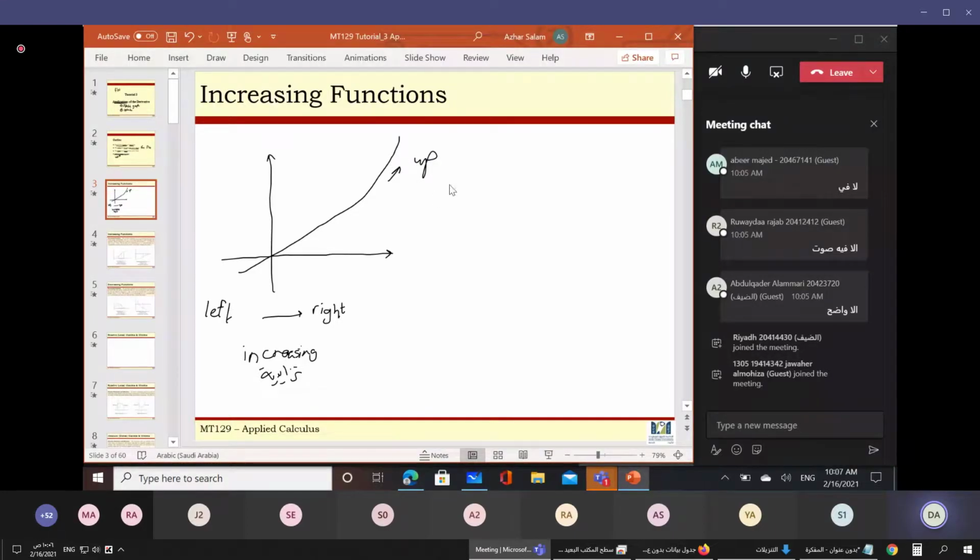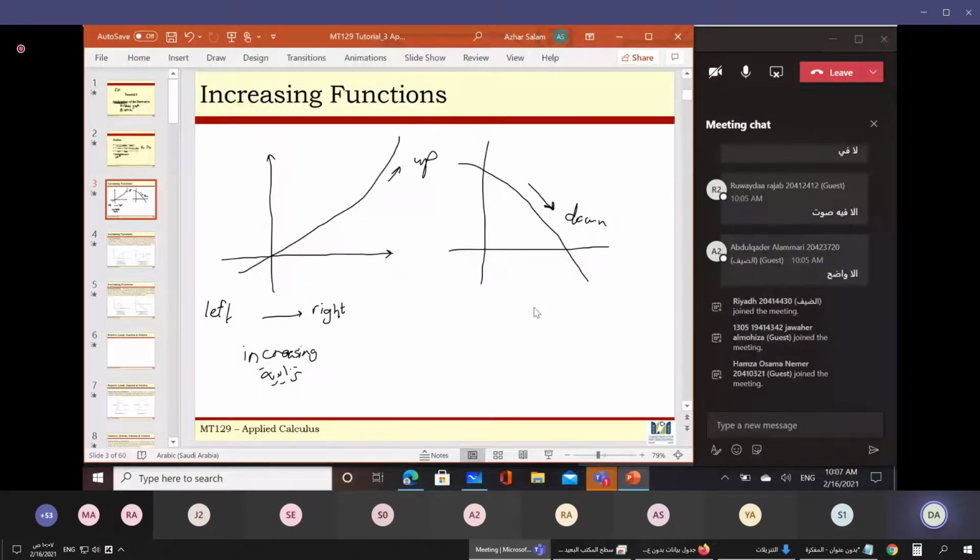Okay? And the opposite, if I have a function like this, notice here, I'm moving from left to right and the values of the function are going down, falling down.